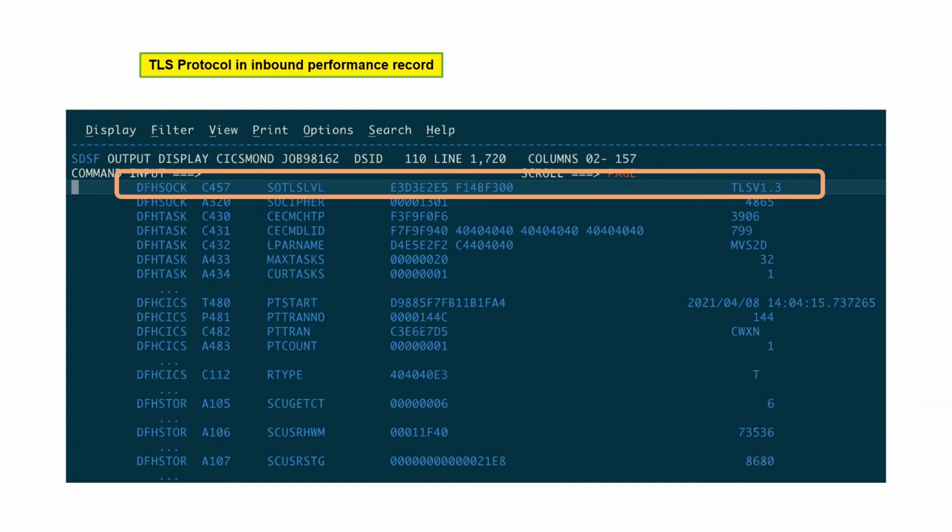So we introduced that for the inbound record, but also as CICS can act as a client as well, you'll also want to see that in the monitoring. We can't put that in the performance record because the performance record can only accommodate one inbound request, and you may have multiple outbound requests, an indeterminate number.